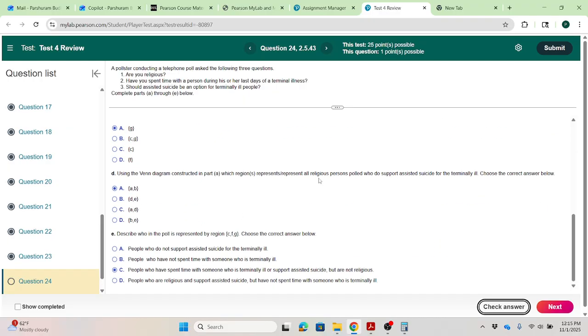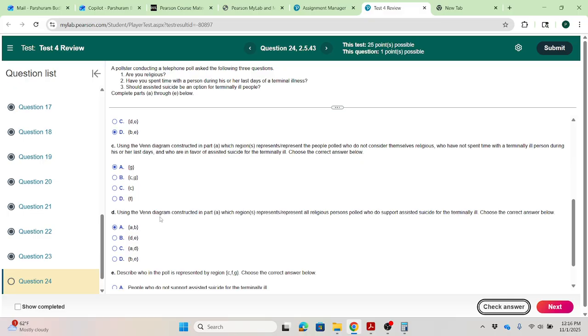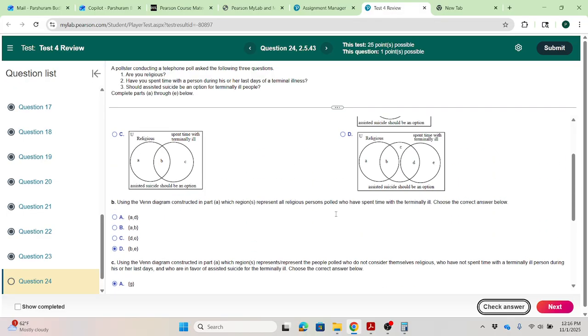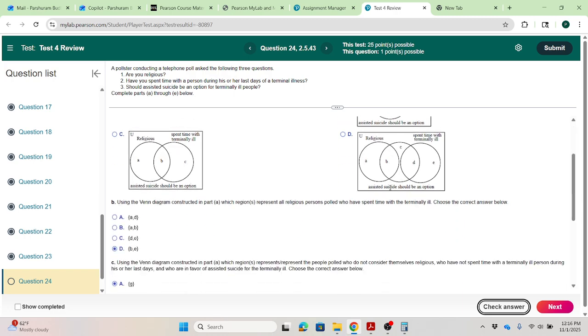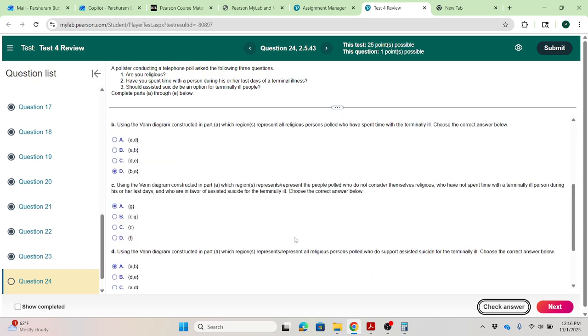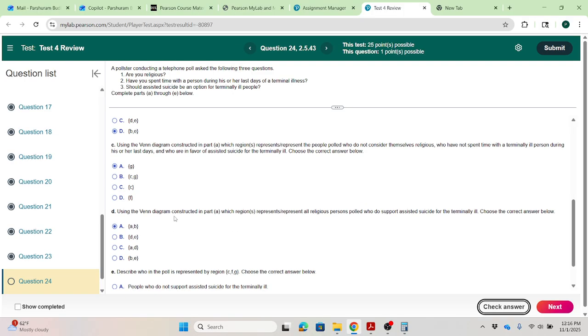This one represents all religious persons polled who do support assisted suicide for the terminally ill. So do support. One more time. It's confusing here. All religious persons. It's supposed to be from here. Do support assisted suicide. So that's supposed to be D, E, F, and Z. They don't talk about spend time. So D, E, F, Z.